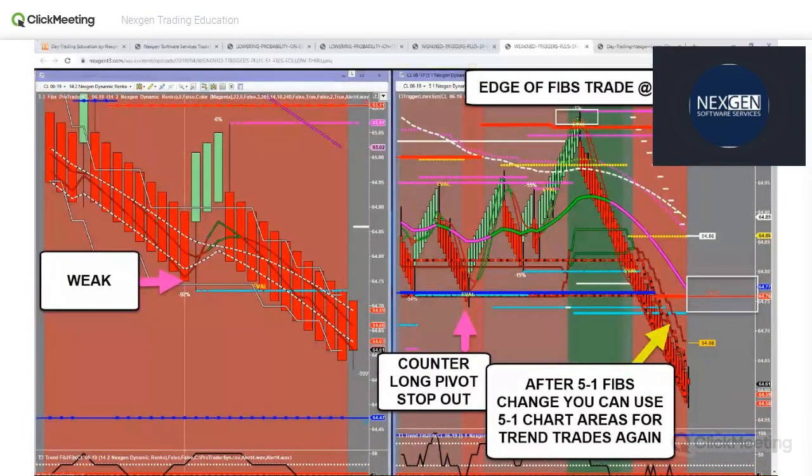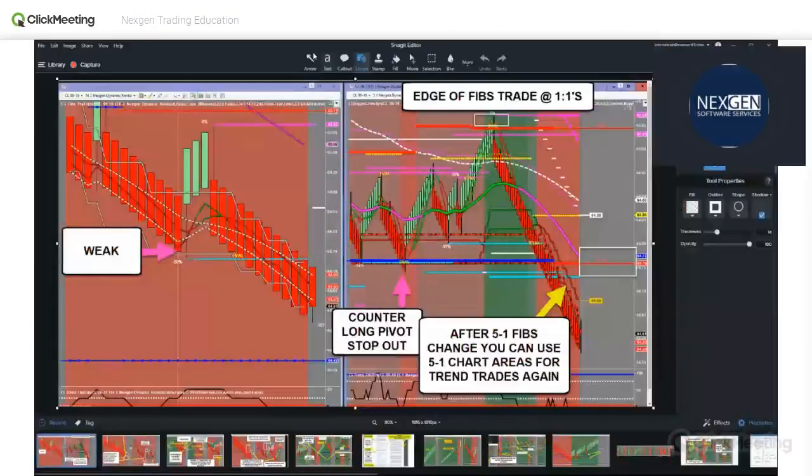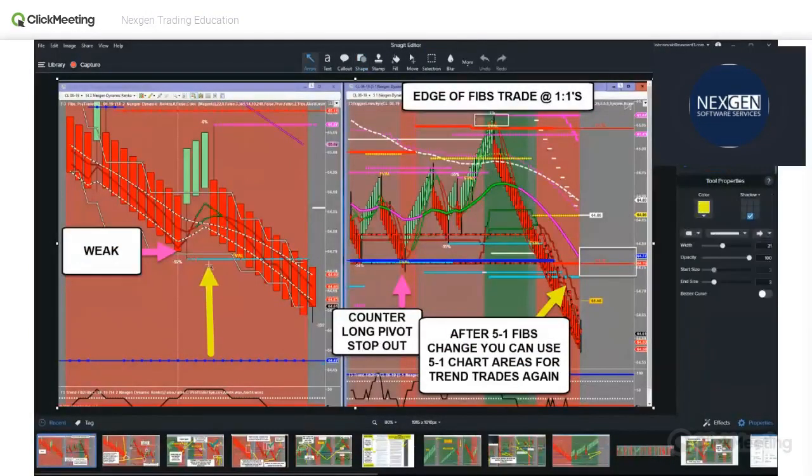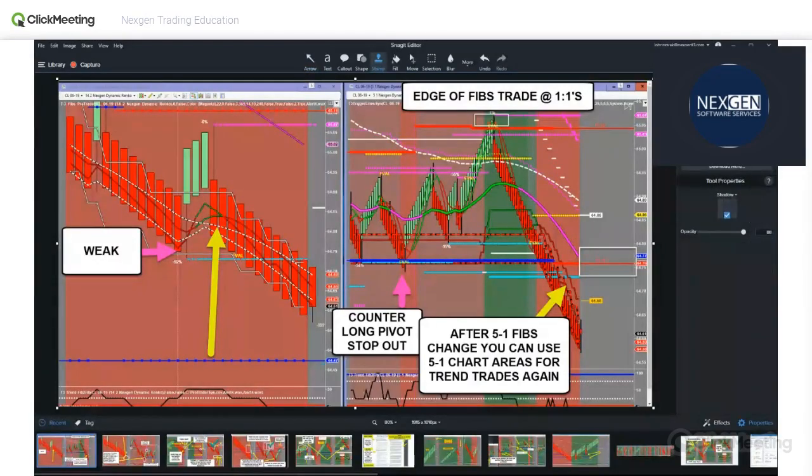And again, when does the weak trigger stop us here? And then look, the large chart says we're still going to go down. All the triggers are down. The trend is down. Everything's going to go down. But the 5-1 trend trade would lose after this situation.